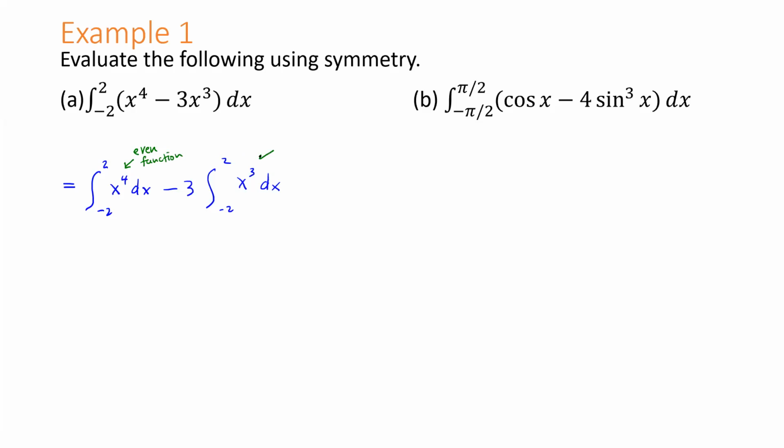X cubed, on the other hand, is an odd function because it has the odd symmetry. So using the rule that we just established, the integral from -2 to 2 for an even function will be 2 times the integral from 0 to 2.